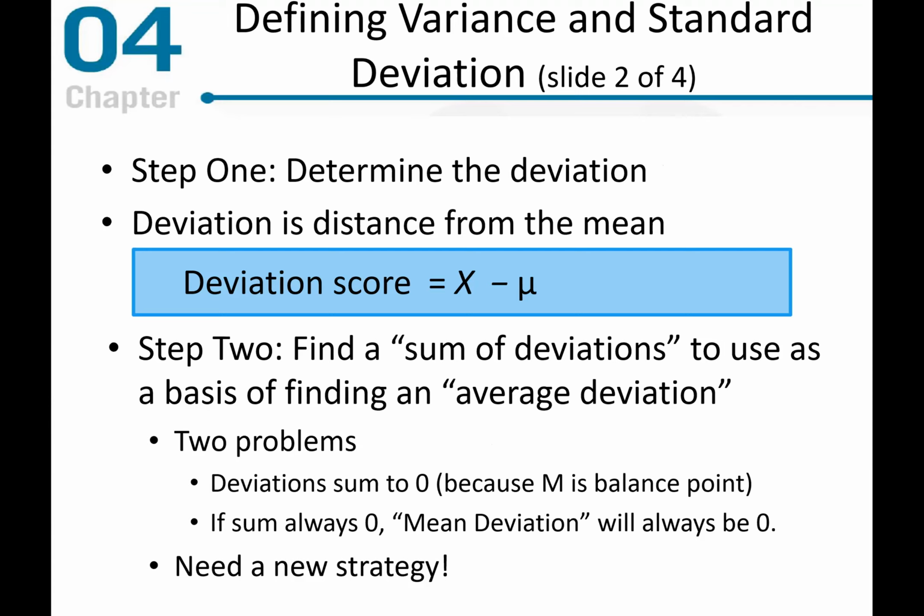And the sum of those squared deviations is called SS. All right, it's called SS. And that is an important statistical concept in its own right. And we're going to learn how to do a couple of different calculations for it.